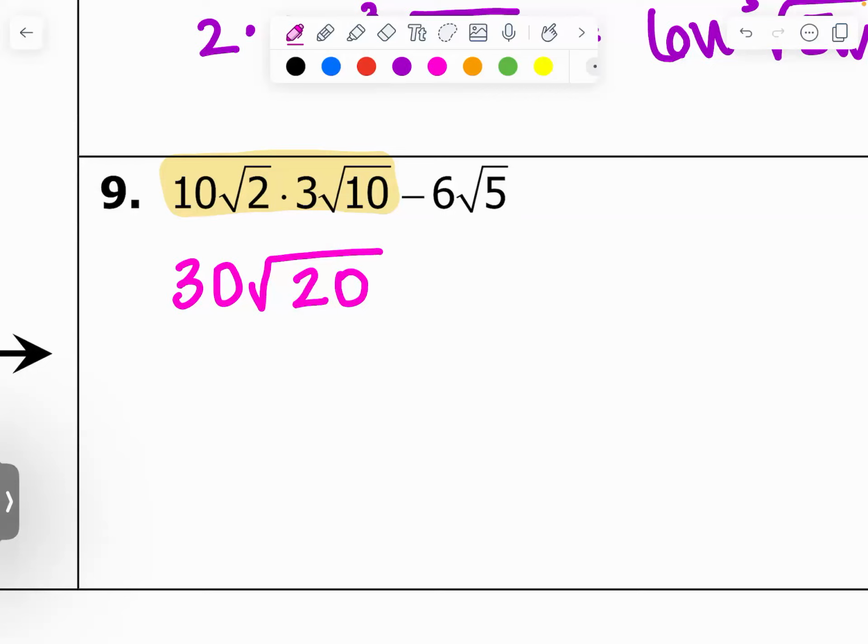Harry, is the square root of 20 simplified? What number can divide into it? The square root of 4.